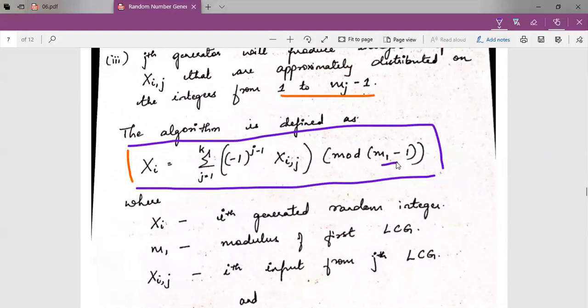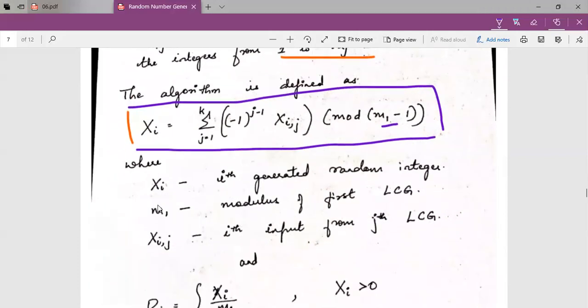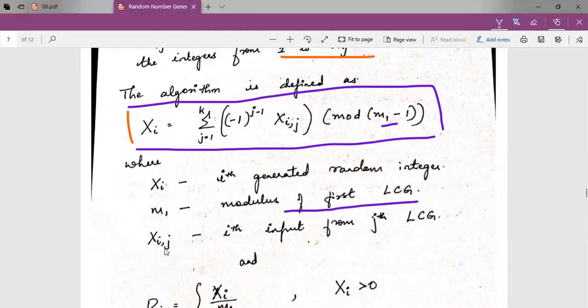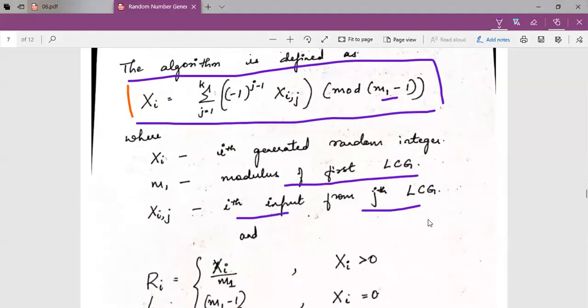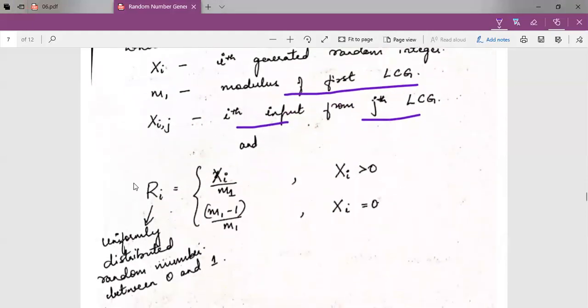It is always m1 minus 1, the modulus value of the first generator, where Xi is the ith generated random integer, m1 is the modulus of the first linear congruential generator, and X(i,j) is the ith output from the jth linear congruential generator.